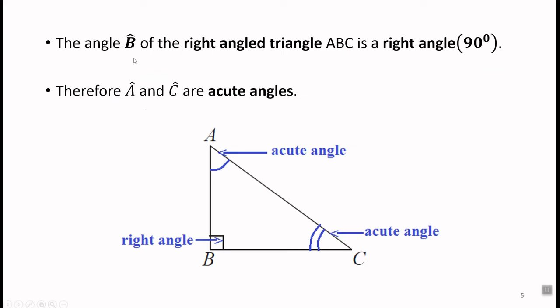The angle B of the right angle triangle ABC equals 90 degrees. So this is angle B equals 90 degrees, and we call it a right angle. Therefore A and C are less than 90 degrees, so we call them acute angles.